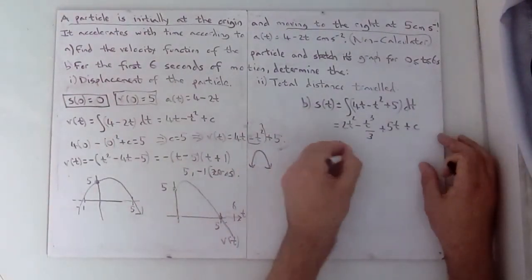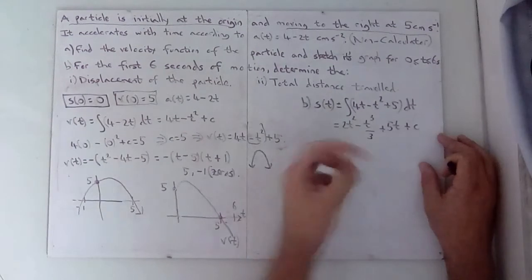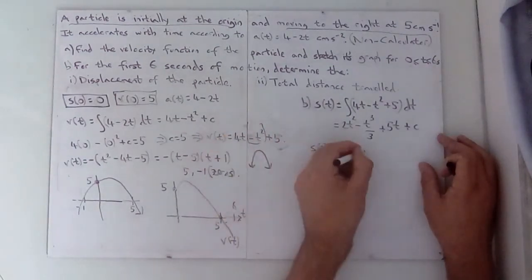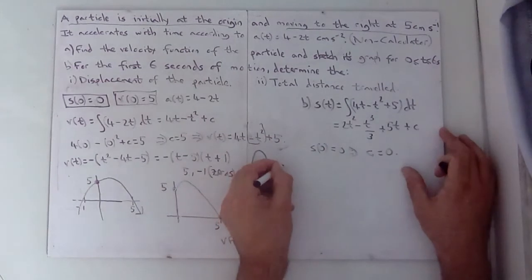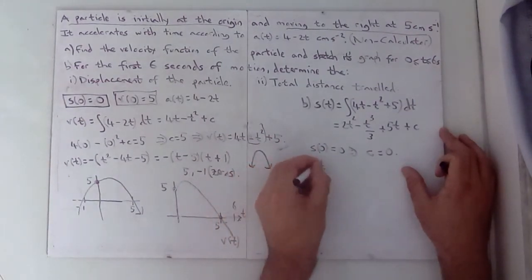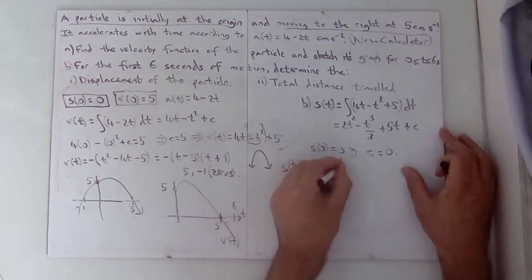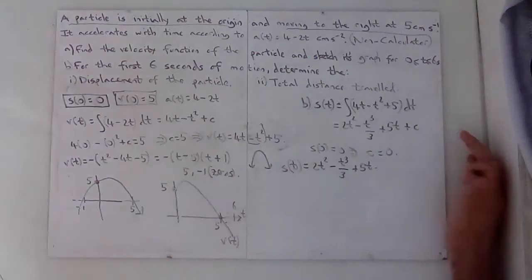So 2 times 0 squared minus 0 cubed over 3 plus 5 times 0 plus c equals 0, so it just means c equals 0, which means that s of t must equal 2t squared minus t cubed over 3 plus 5t.